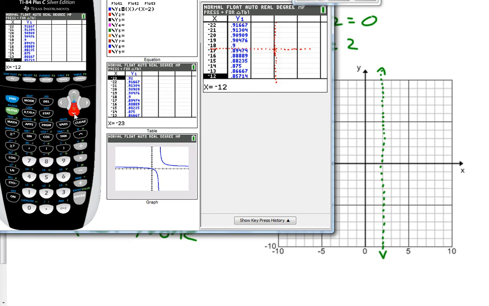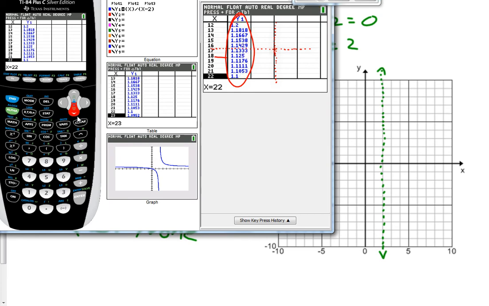I could press up until my batteries go dead in my calculator, and I'm never going to reach the number 1 here in my y column. It always gets closer and closer. I could also go negative, so go down, down, down, and it's getting closer and closer to 1 again. Notice how it's going 1.4, 1.3, 1.25, 1.22. All these y values are getting lower and lower. They're getting closer and closer to 1.